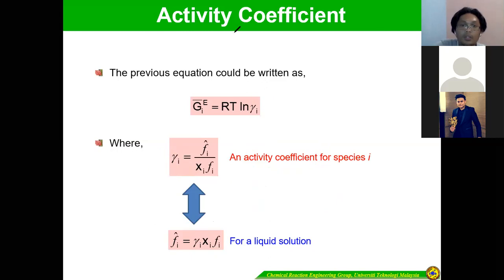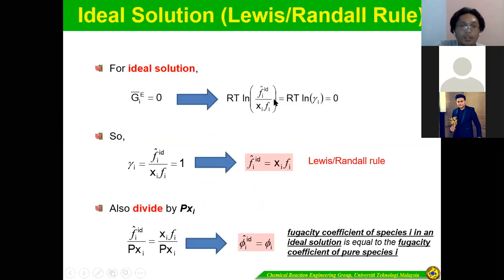Next, for the ideal solution, you have to remember that the fugacity of the species in an ideal solution, x_i f_i, follows the Lewis-Randall rule. Lewis-Randall means really ideal.